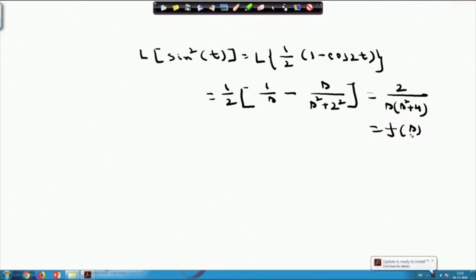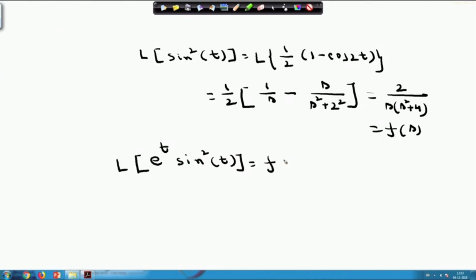Once I am getting f s, therefore, Laplace transform of e power t into sin square t is nothing but f of s minus 1.